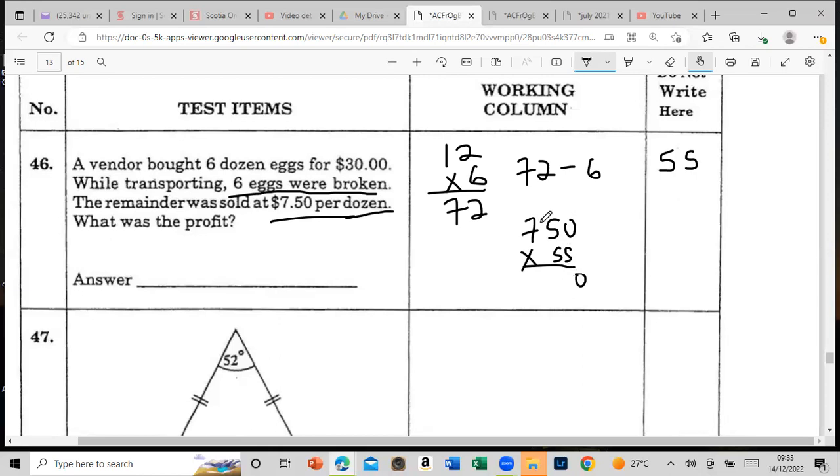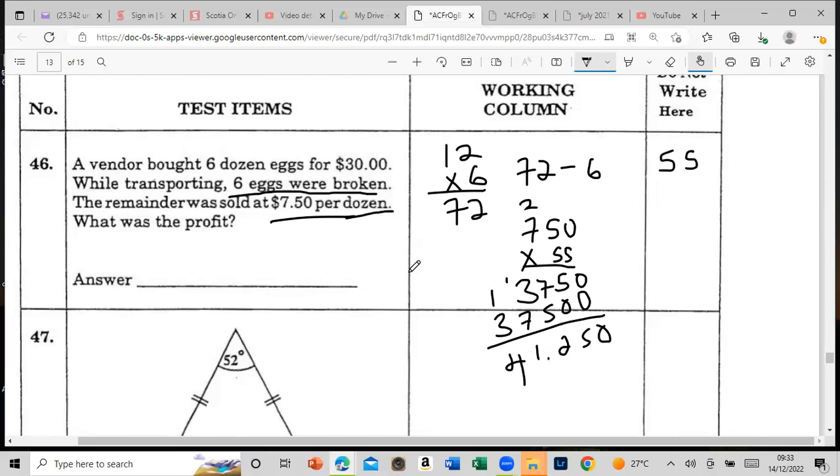750, 5.5, 25, 3750, and that's 37. Now it's all follow the same pattern again. So 0, 0, 5, 7, 3. 0, 5, 2 carry 1. So that's 11. So that's 4. But in all, you have 3 decimal places. So it's $41.25.